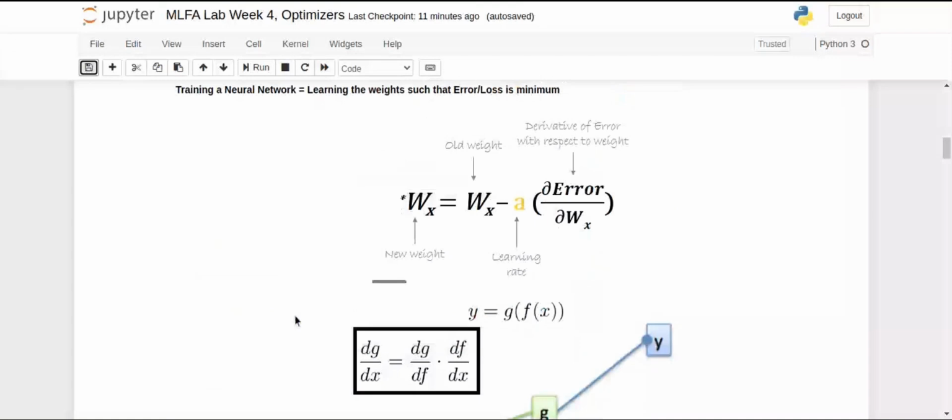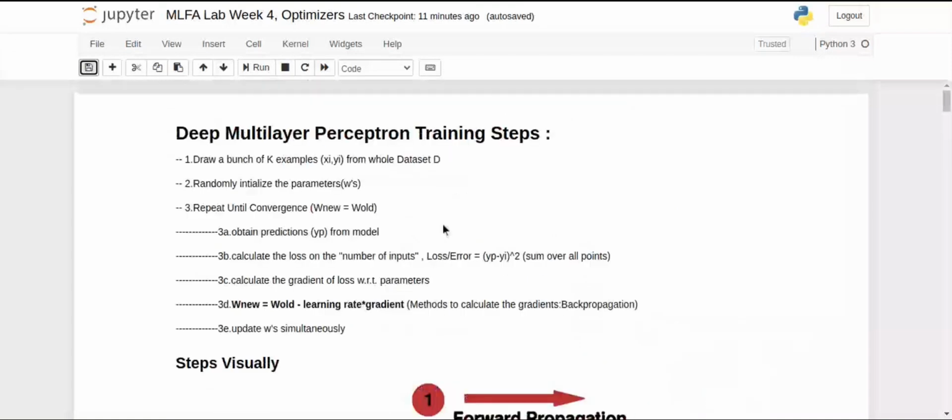If you see this algorithm, in the first step we draw a bunch of k examples from the training set. If k equals n, meaning the whole data, then it is gradient descent.